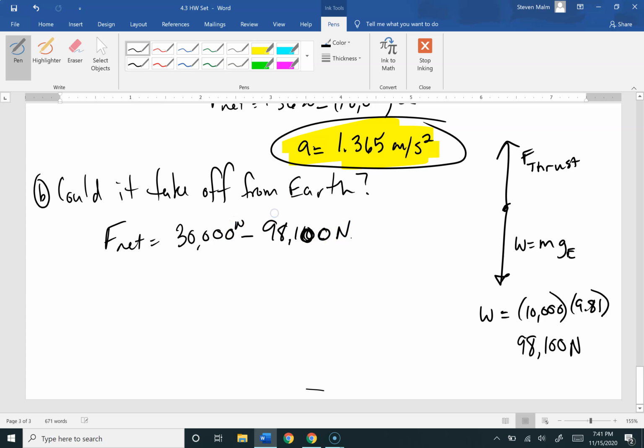The F net then would be the 30,000 newton thrust minus the 98,100 newtons of weight, and that would leave us with a negative value of F net. If that's the case, then A would come out to be negative.